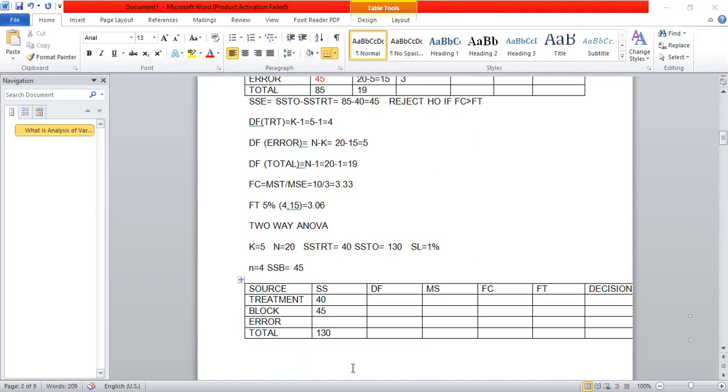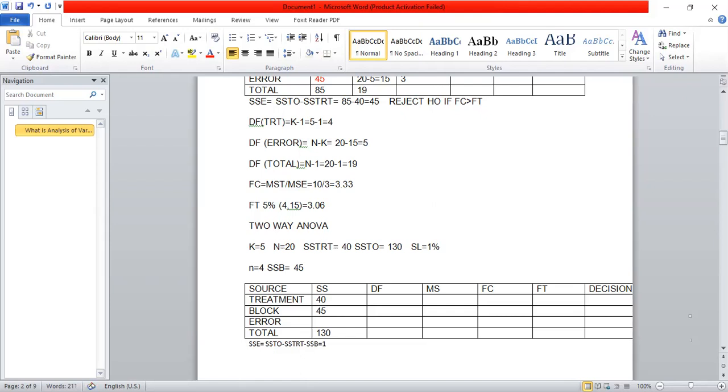Sum of square error will be sum of square total minus sum of square treatment minus sum of square block.